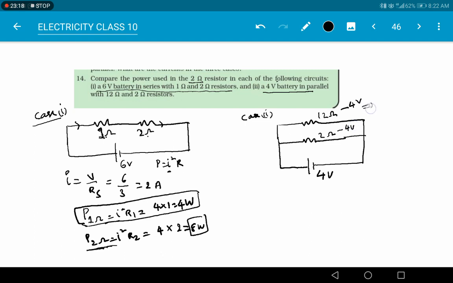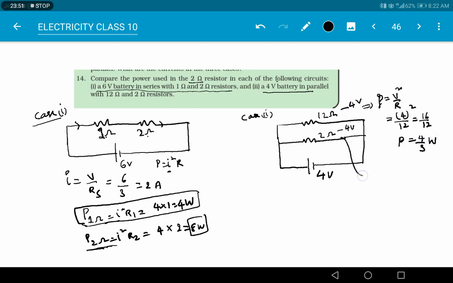Now we can get the power: P is equal to V square by R. So 4 square by 12, 16 by 12, that is 4 by 3 watt.